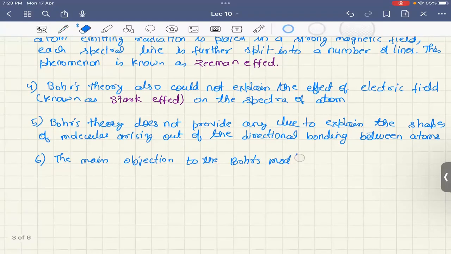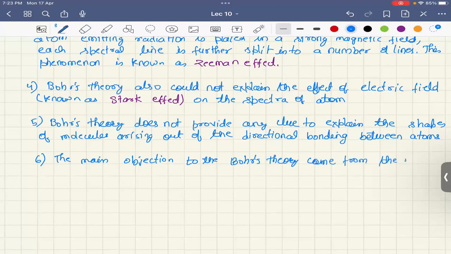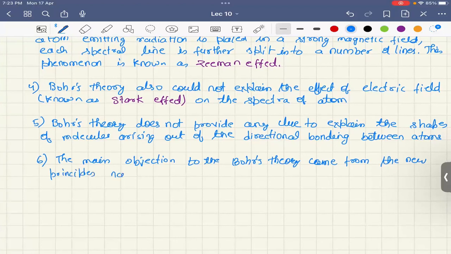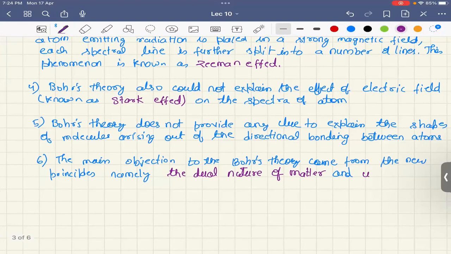Bohr's theory came from the new principles, namely the dual nature, which we are going to study, right? And the uncertainty principle. Right?